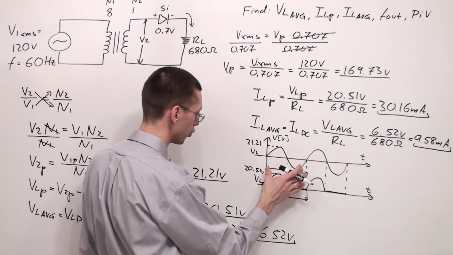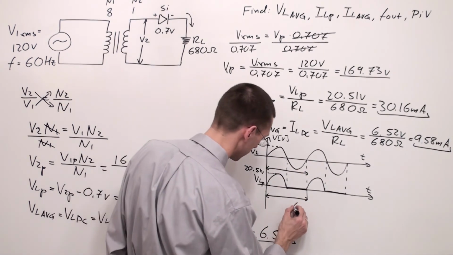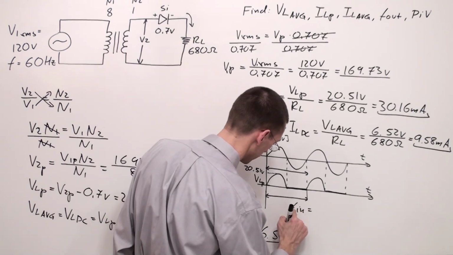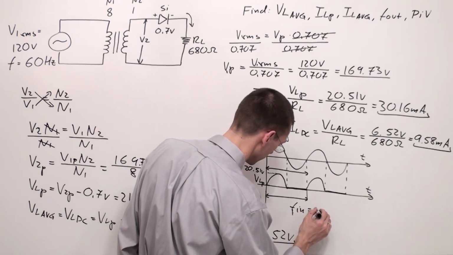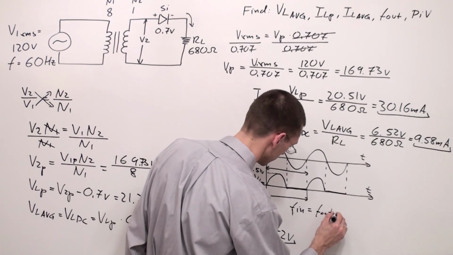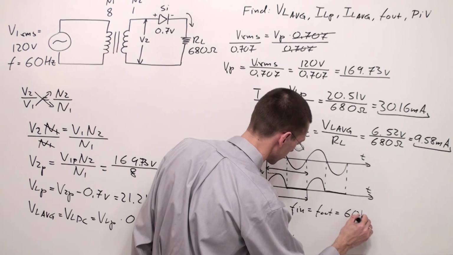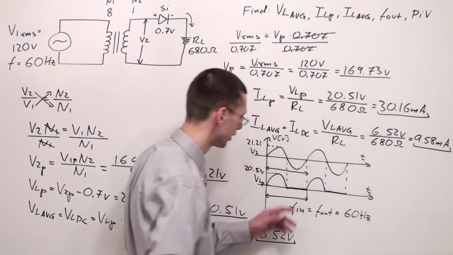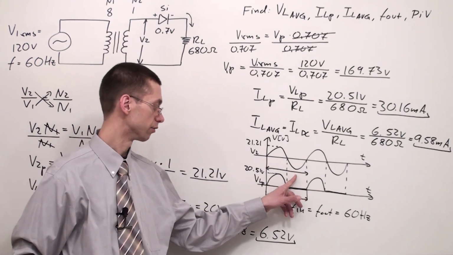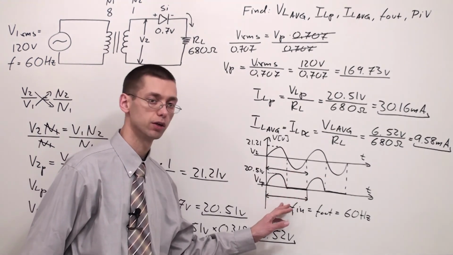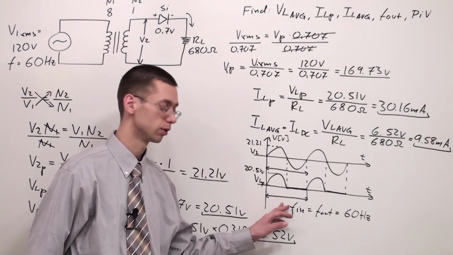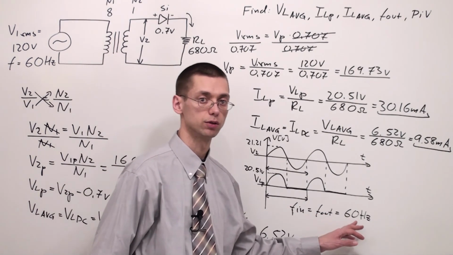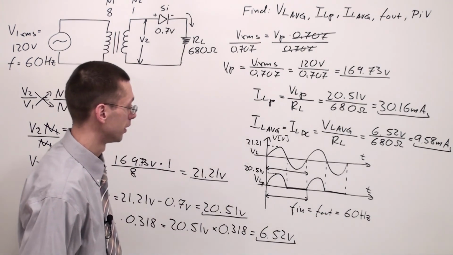So it proves that my Fin is equal to Fout, which is equal to 60 Hertz, because the period of the secondary voltage is equal to the period of the voltage across the load. That's why Fin is equal to Fout.